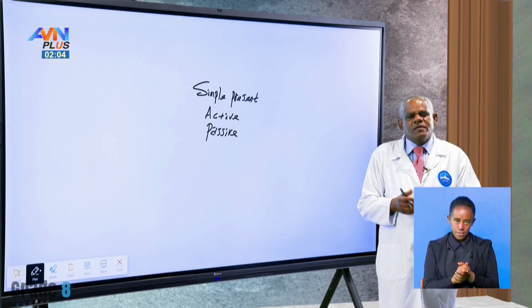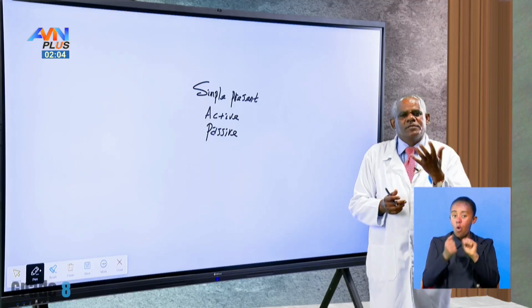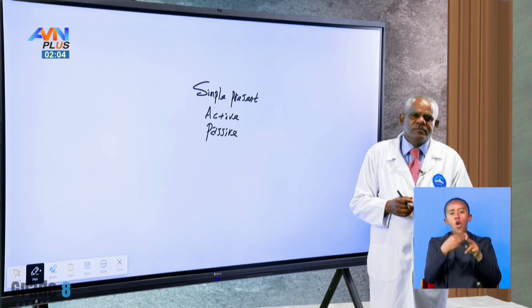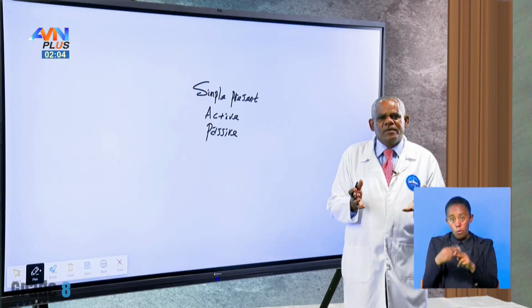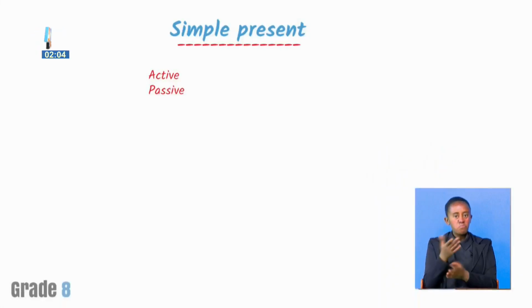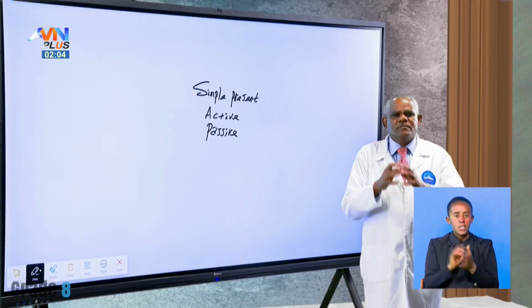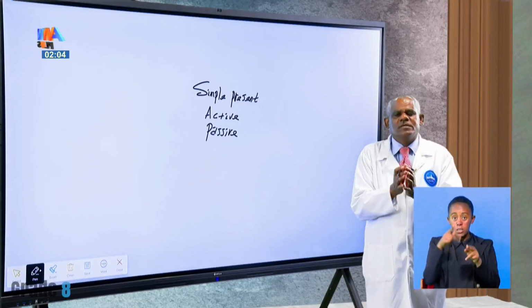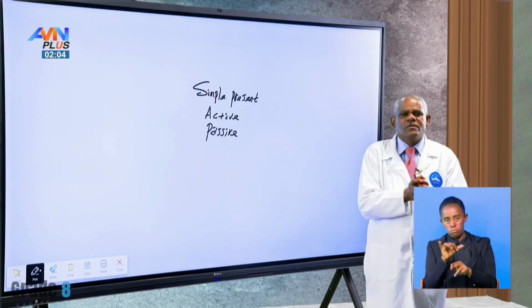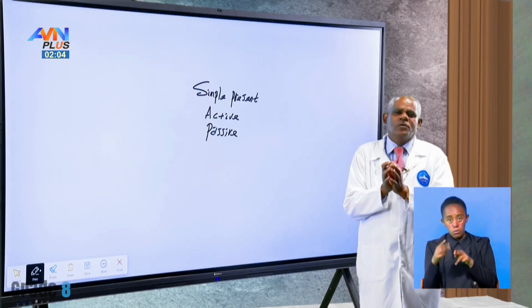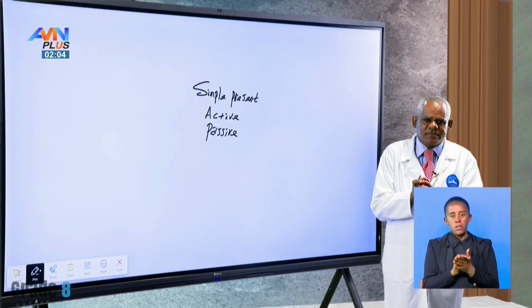But these pronouns can also be replaced by a noun form. Instead of he or she, you are welcome to write the name of your friend, the name of your teacher, or the name of any person. So they are both used interchangeably without changing the mood of the active tense.